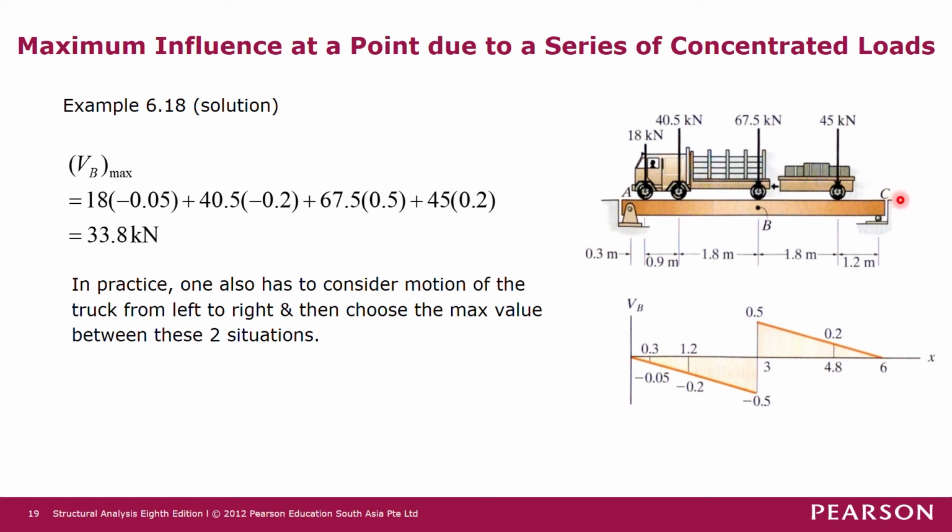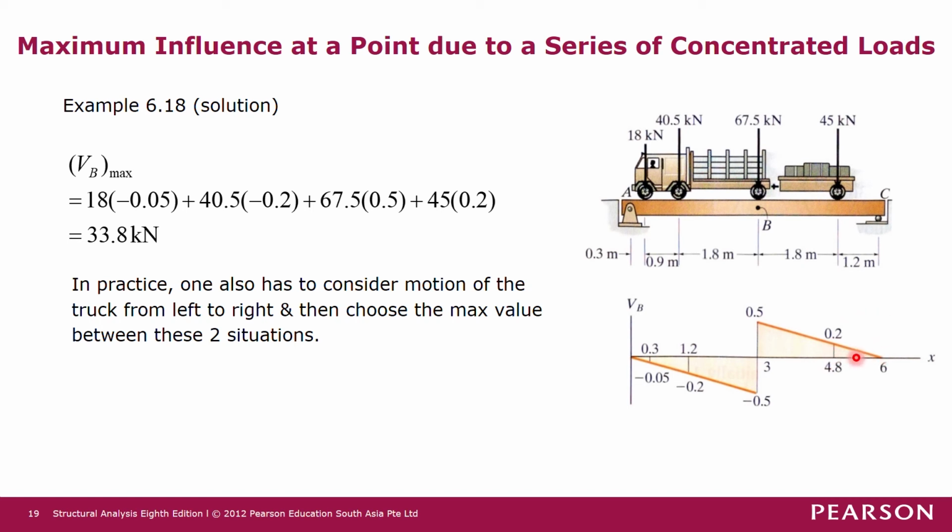Okay, 0.6 meter before it reaches point C. When this 40.5 kilonewton moves from point B to this location here, this 45 kilonewton moves from 0.6 to C, and then another 1.2 meter on the beam. So this 45 kilonewton force moves by 1.2 meters from C to here, right?